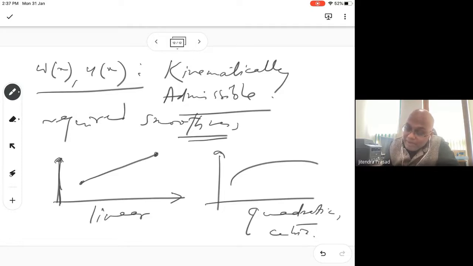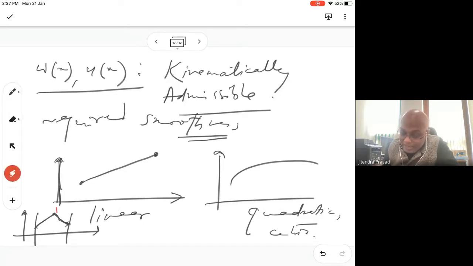But if within the domain you are going up and down like this within the same element, then it's not possible, because the derivative is not defined. You got it?